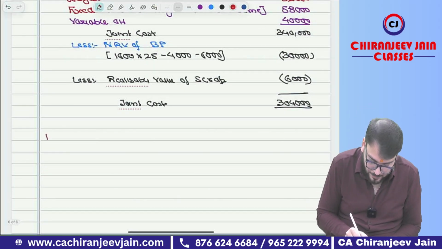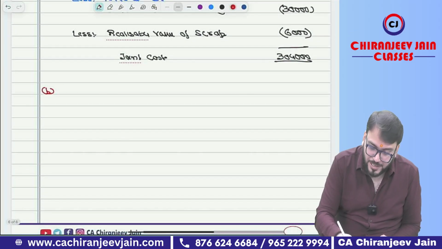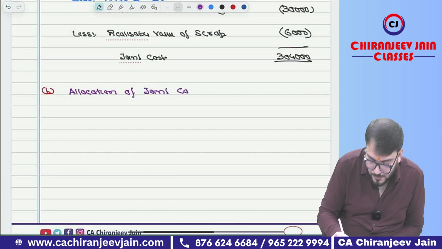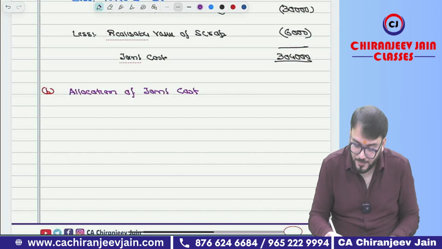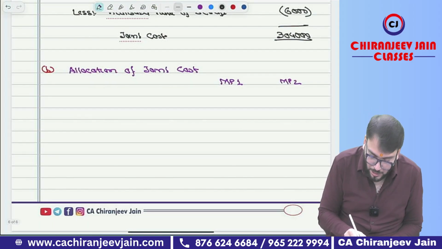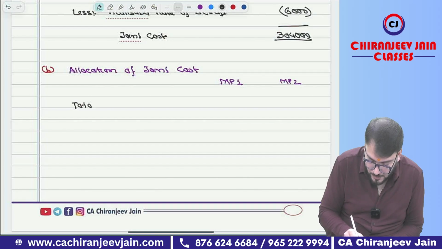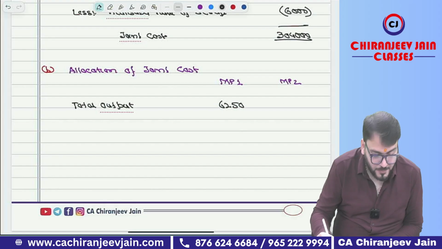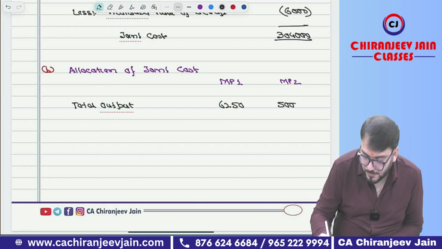Point number B: allocation of joint cost. We'll take MP1, MP2. First, what is the total output produced? That is 6250 and 5000.